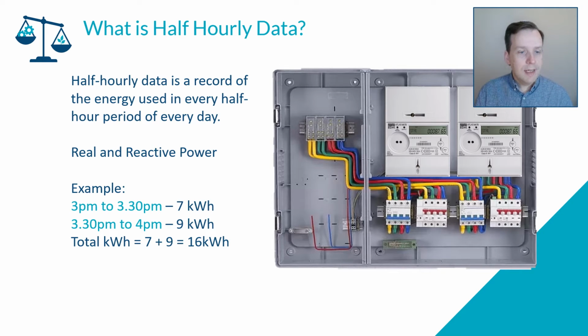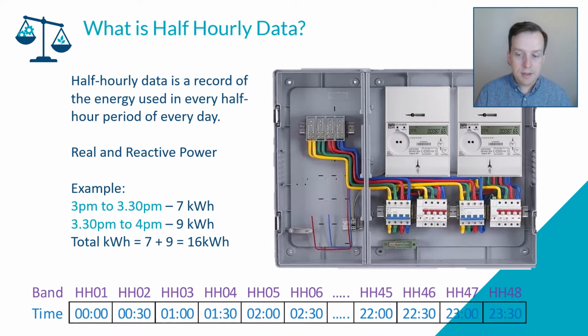So an example, from 3 p.m. to 3:30 you may use 7 kilowatt hours. From 3:30 to 4 p.m., 9 kilowatt hours. So your total kilowatt hours is simply the summation of the 7 and 9 to get 16 kilowatt hours.